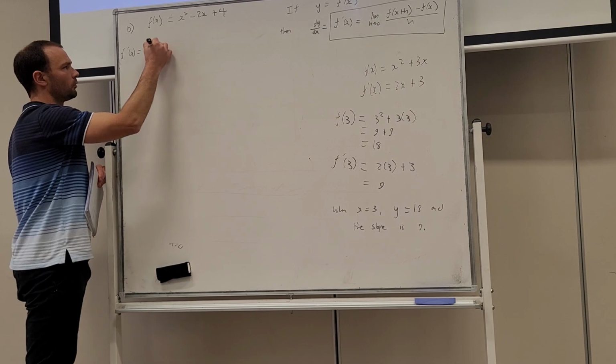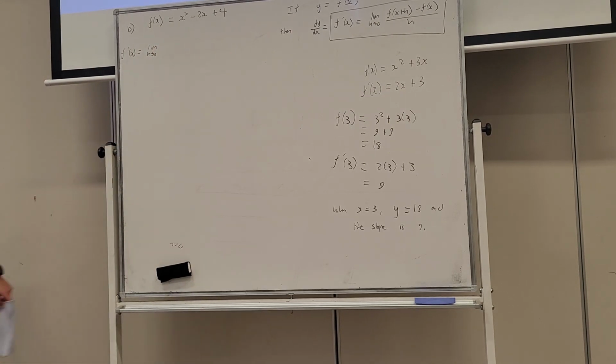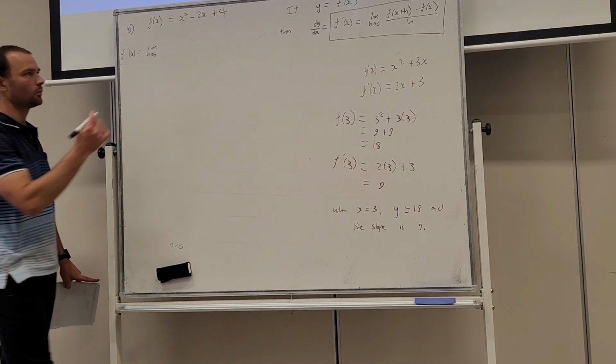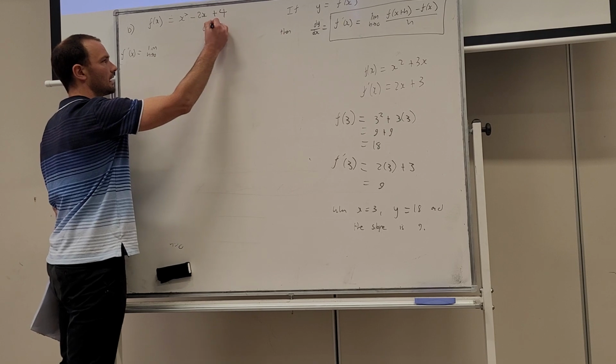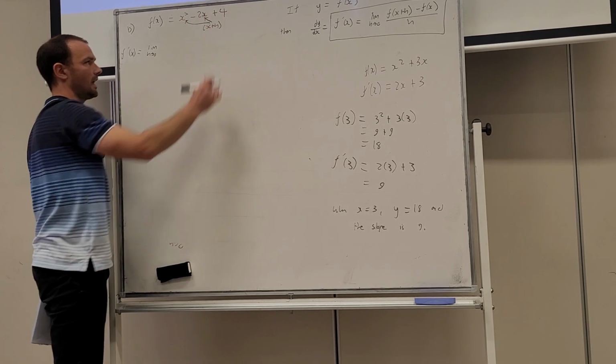Let's put it into the formula. First, we need f of x plus h. That means we put x plus h everywhere there's an x.